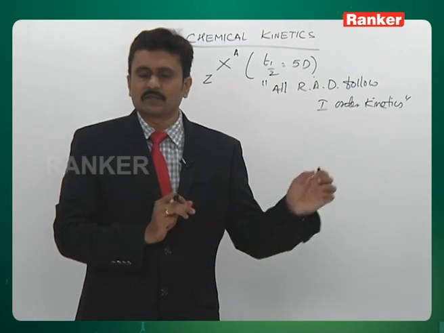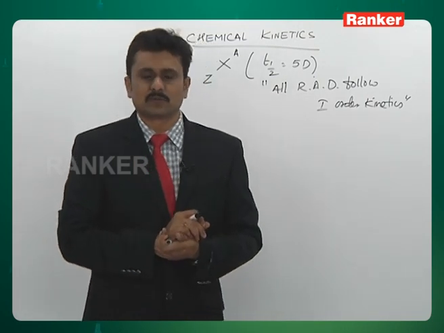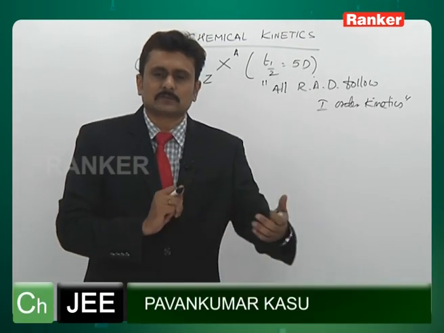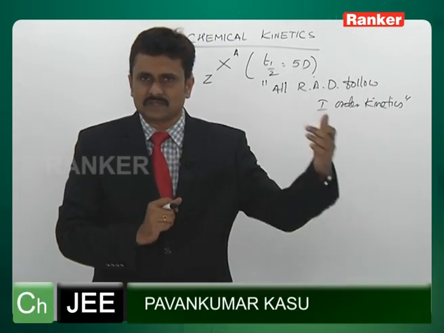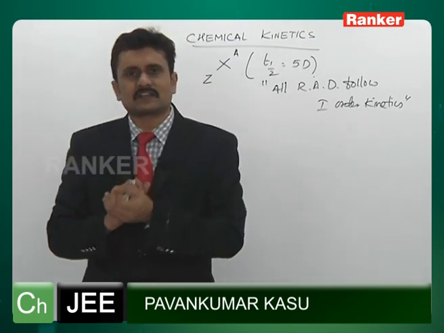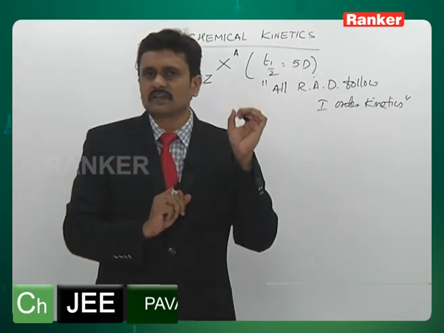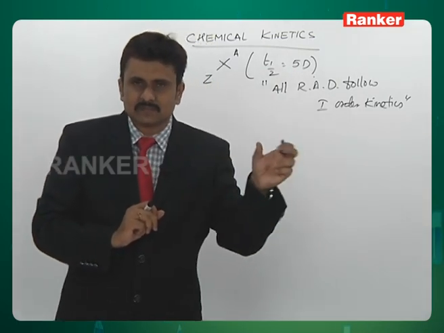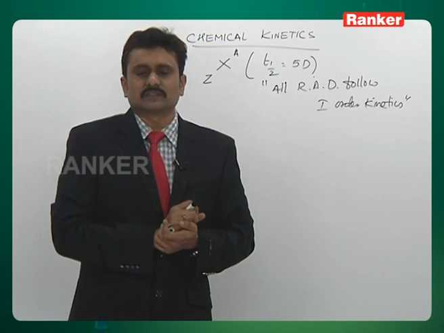Now here you have been asked to find the number of atoms that are decaying during the 11th day. So initially I will be finding out the number of nuclides or atoms that are remaining after 10 days. And I will also find out the number of atoms that are remaining after 11 days. Now when I subtract the number of atoms remaining after the 10th day and after the 11th day, I will be getting the number of atoms that have decayed during the 11th day.